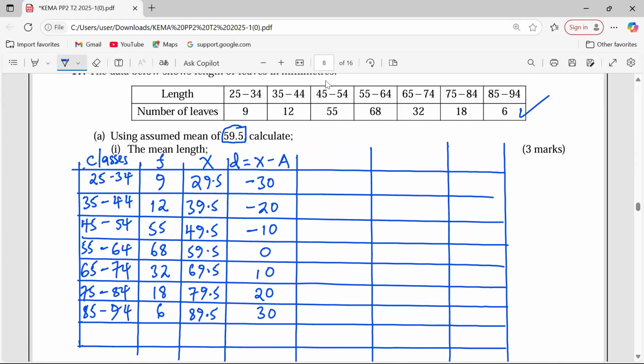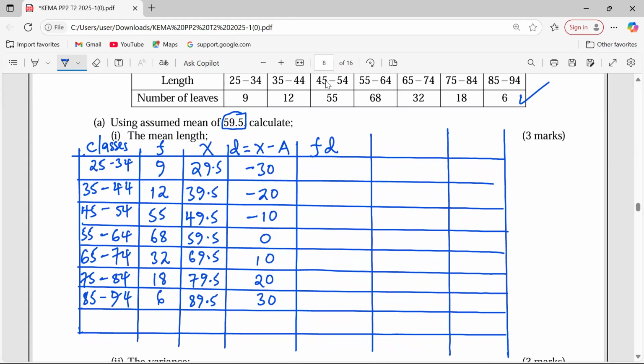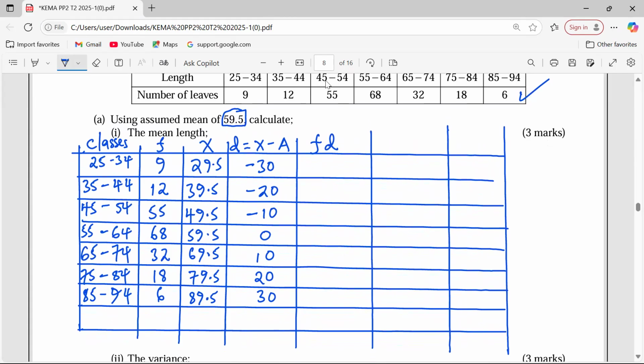After this, allow me to calculate fd, each frequency times the deviation. I begin with negative 30 by 9, which is negative 270. Then 12 by negative 20 is negative 240.